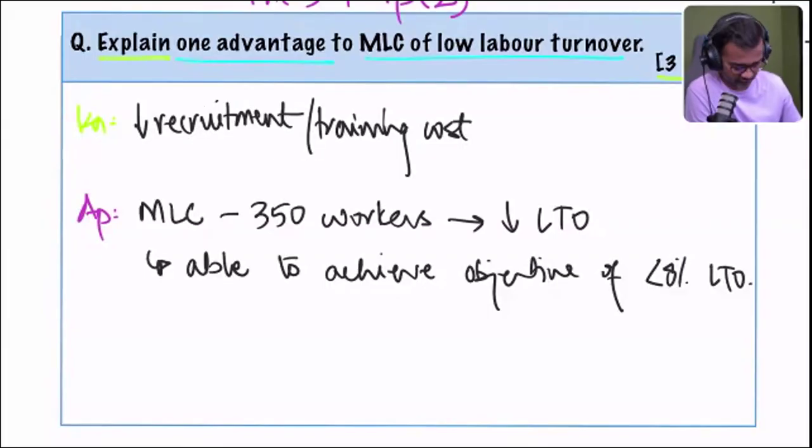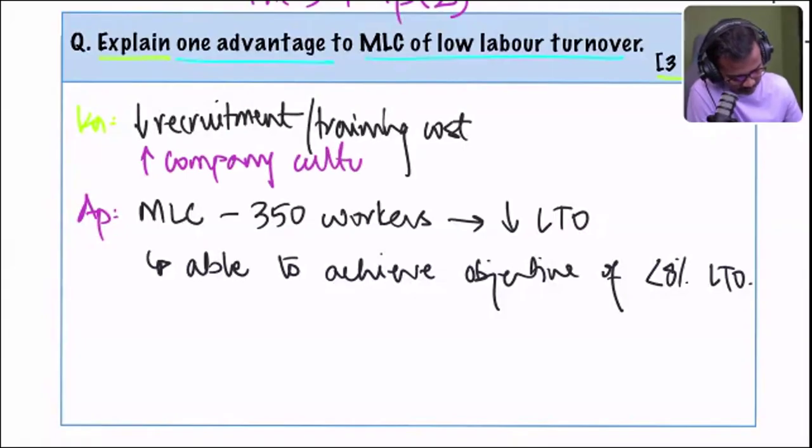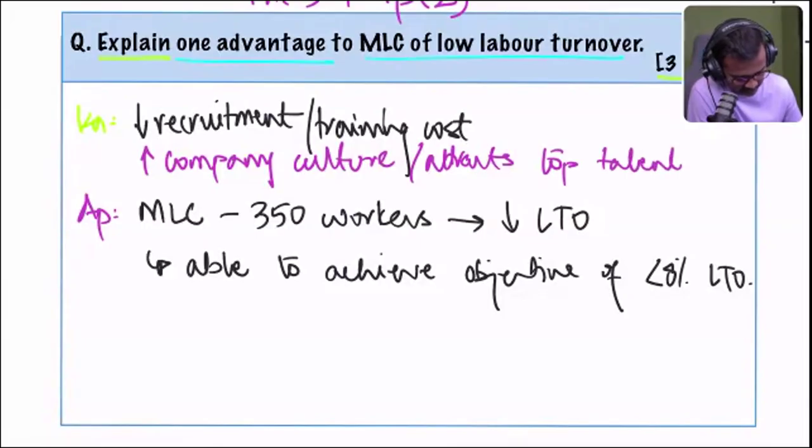Secondly, I could have just mentioned, and let me use a different color for it, that it improves the company culture, right? Or it attracts top talent from across the industry.